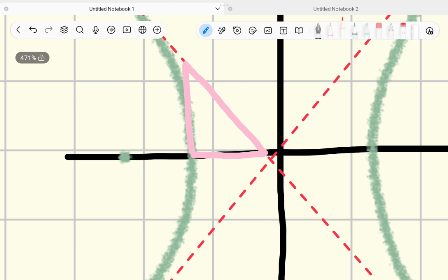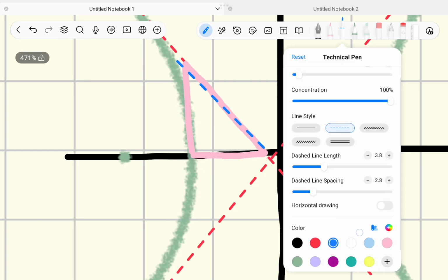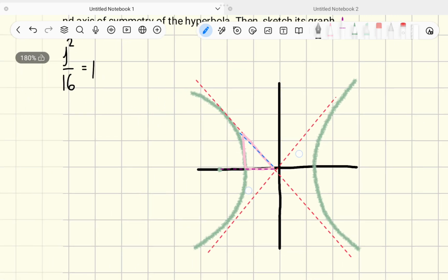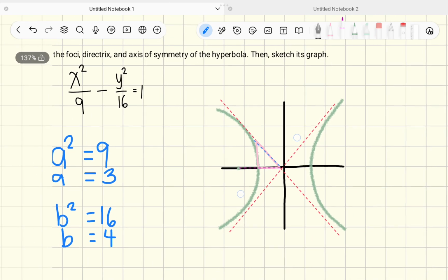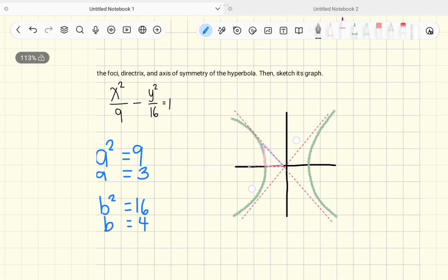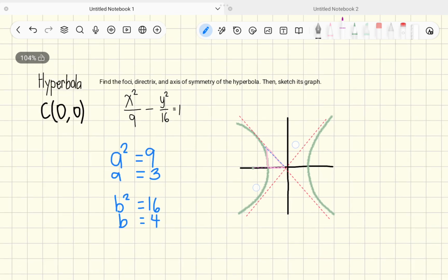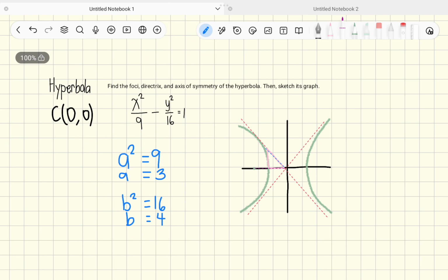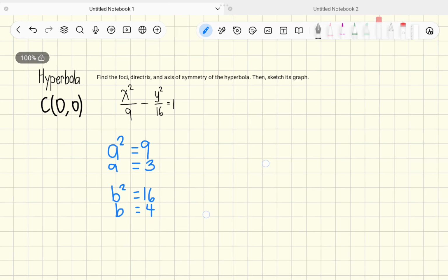Let's pick another color. So from here up to the center, this will be equal to the distance from the center to the focus. That's the idea of the definition of your hyperbola. From our equation, we can already get the distance from the center to the point called the focus.